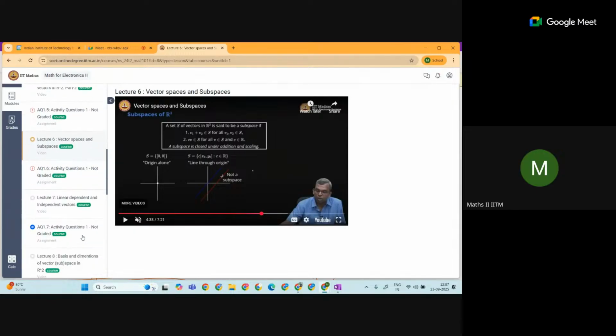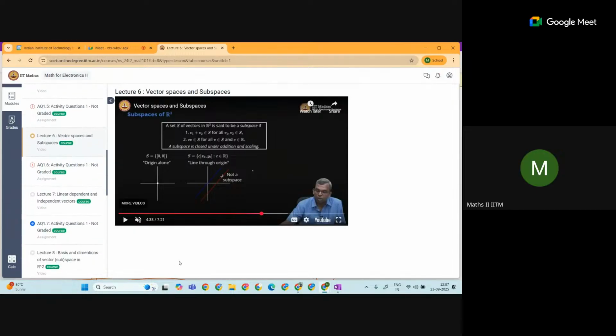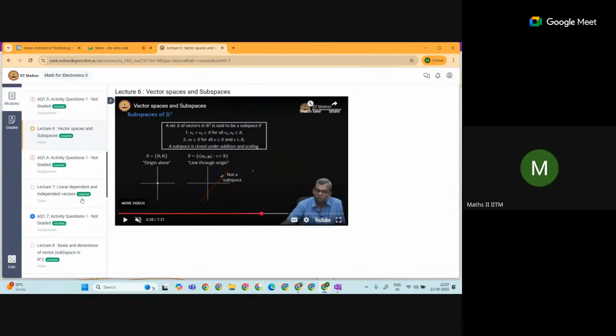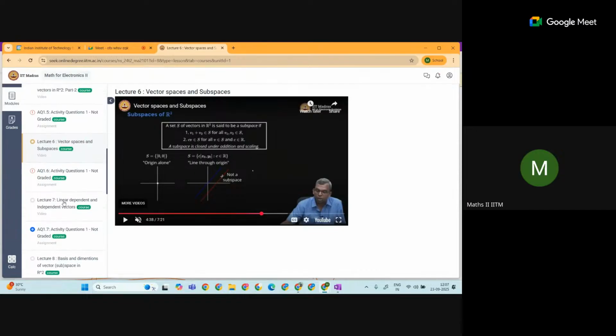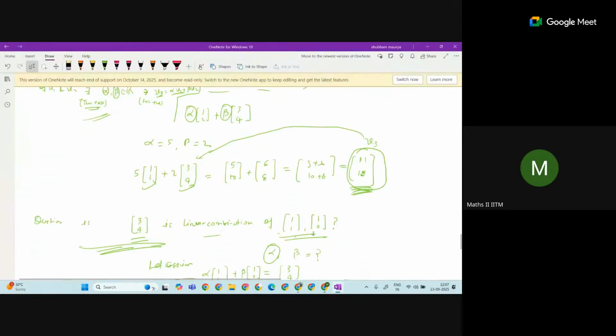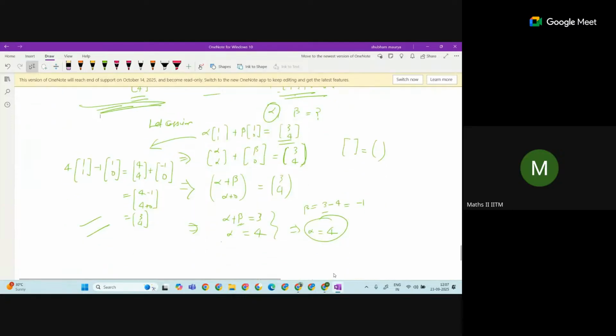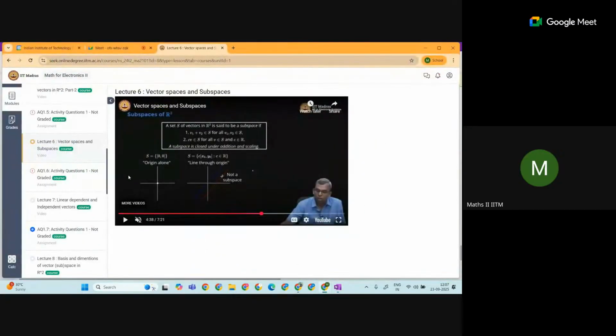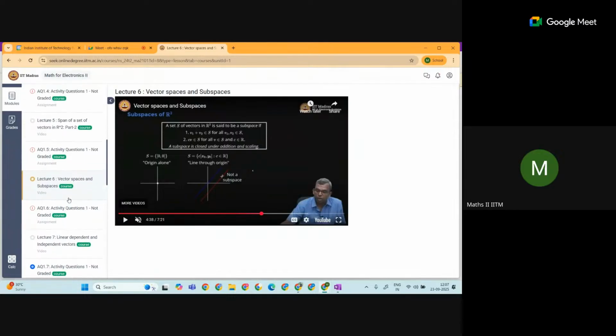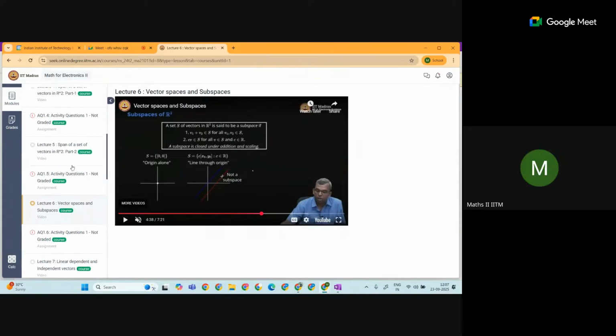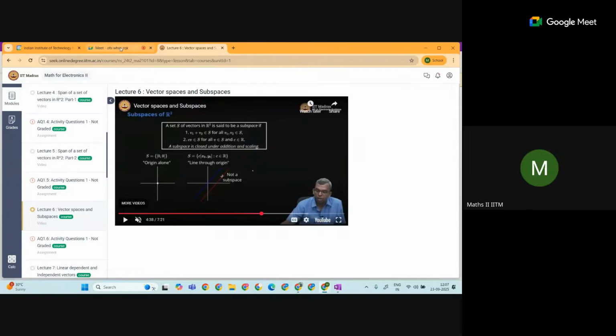That is not tough if you understand what we discussed today. Only basis may be slightly difficult, but linear dependence and independence is itself one linear combination, just a different word with a slightly different definition. So we reached half, but not more than that. We'll discuss in the next session.